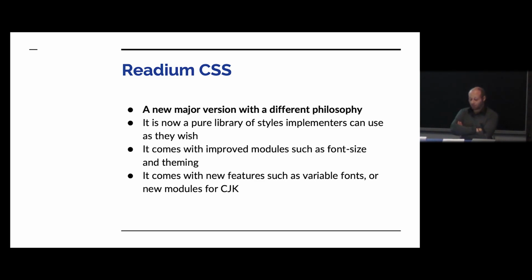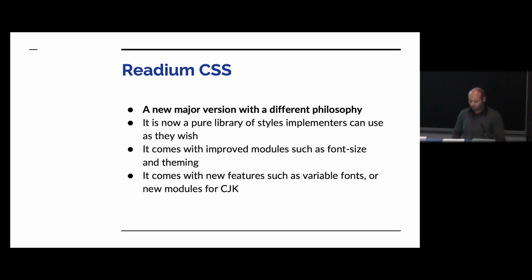So we had to port that back into Readium CSS so that everyone could benefit. And it became clear that we had a lot of restrictions and side effects in Readium CSS that were not pleasing implementers. For example, you had responsive, which didn't play nicely with all the new device form factors like foldables and so on and so forth.